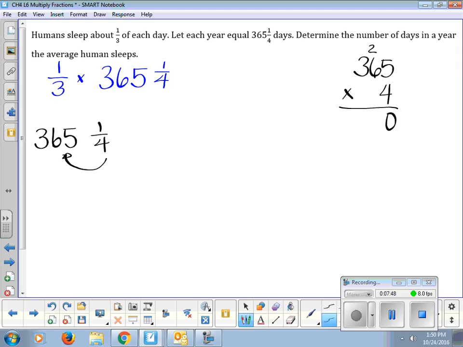We carry our 2. 4 times 6 is 24. We add 2 and get 26. 4 times 3 is 12. We add 2 and get 14. So when we multiplied, we got 1,460. We have to add in our numerator. So we add in 1 to get what?